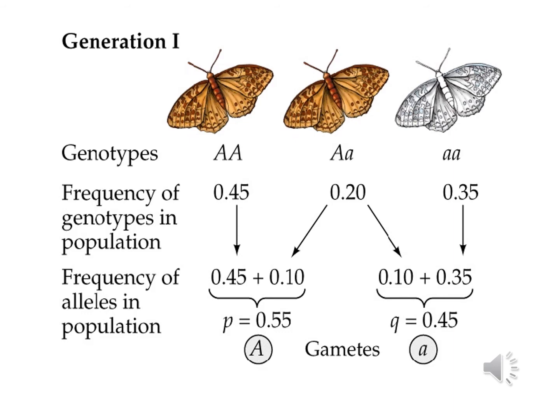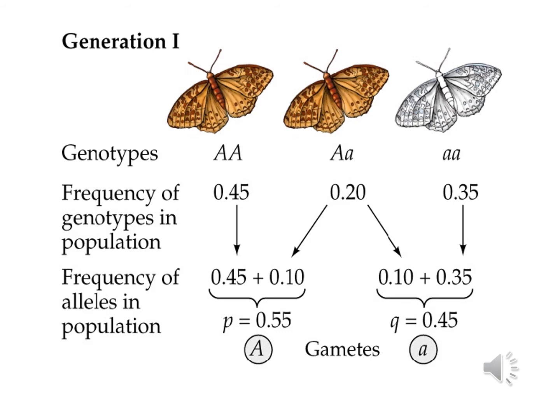For the heterozygous, half of the alleles are dominant and the other half are recessive, so the frequency is 0.1 for the dominant allele and 0.1 for the recessive allele. For homozygous recessive, the frequency is 0.35 and both alleles are the recessive allele a.